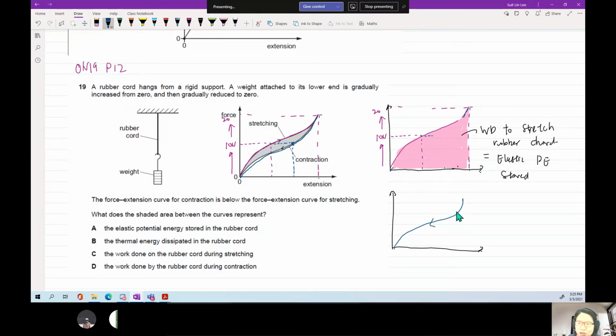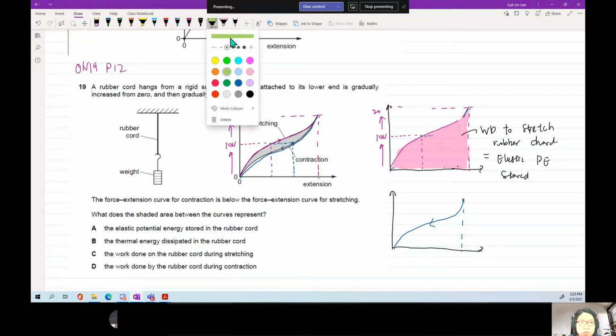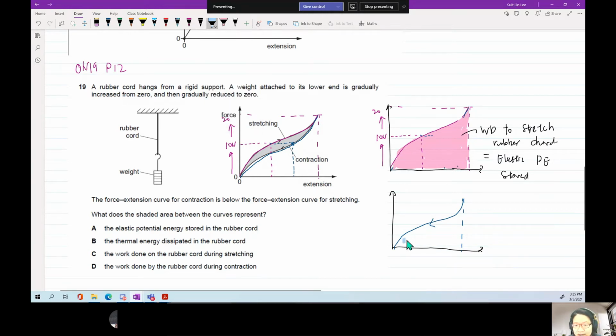This is contraction. So think about when you release a rubber band. You drag and then you let go. The rubber band will have a certain speed. Either it hits you on your hand or it flies across the room. So that certain speed of the rubber band is actually the energy that you use when you stretch the rubber band, being returned because energy cannot be destroyed.